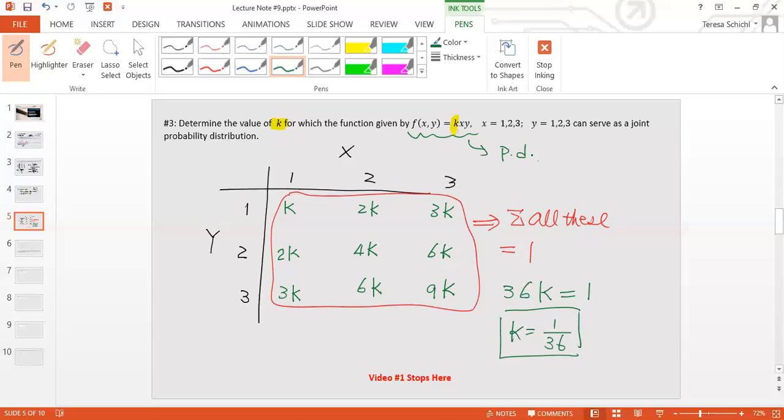Of course, for 3 or 4, it will be very difficult to write into table form, so you need to use the general definitions for that. Looking forward to the next video, when we talk about joint PDF and joint CDF for continuous random variables.